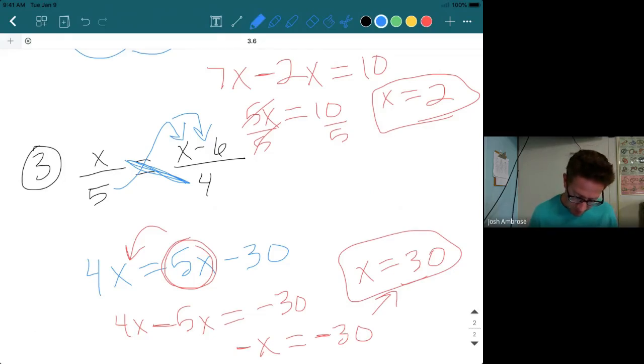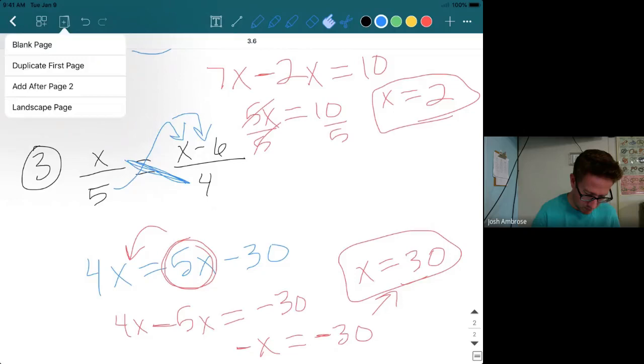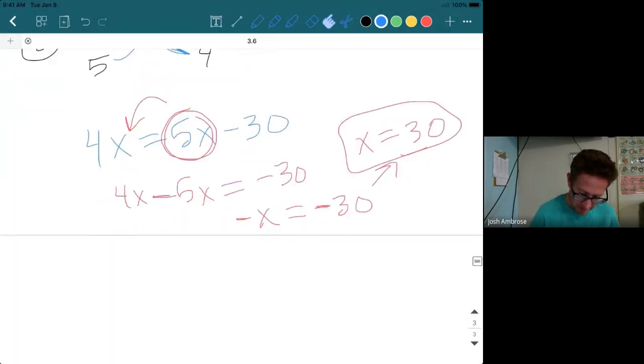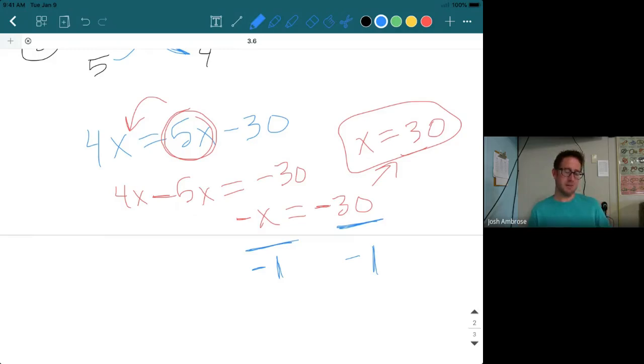You essentially are going to be taking that negative x, and let's add one little page, because I don't have much more space here. We are taking that value and we are dividing it by a negative 1, because there really is a 1 right there.